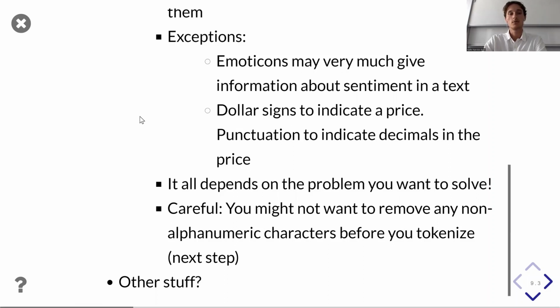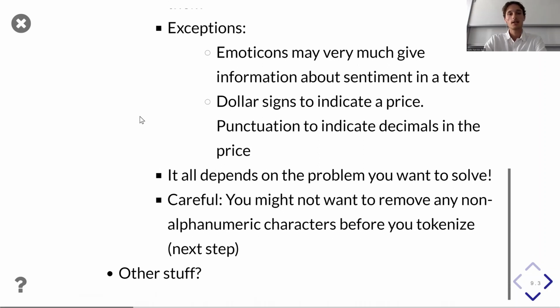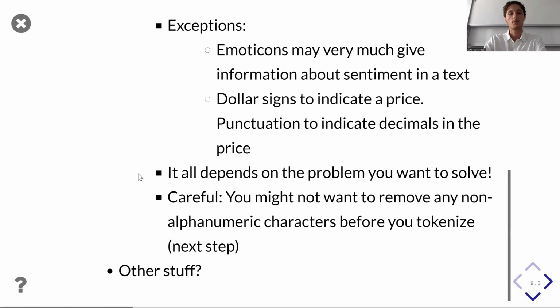So we need to think about the problem that we want to solve, and then go through the text to see what we actually need to remove. That's also what I write here. It all depends on the problem you want to solve.